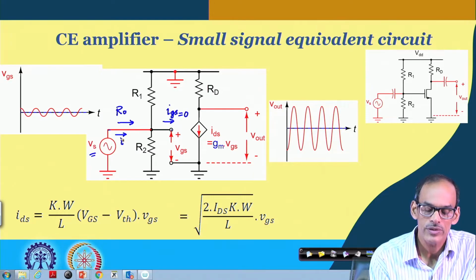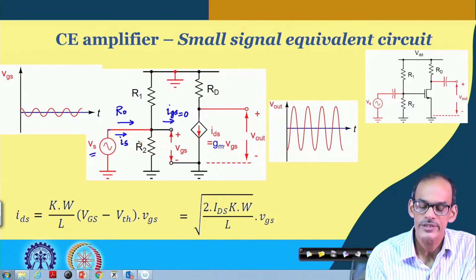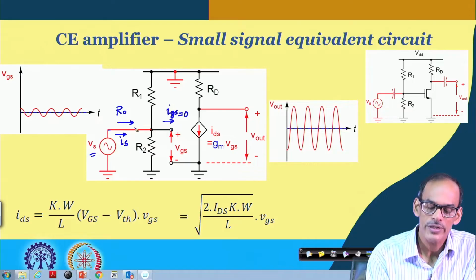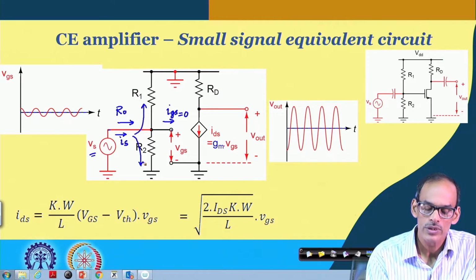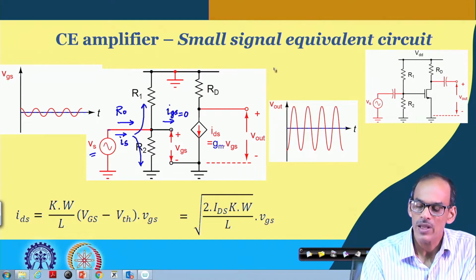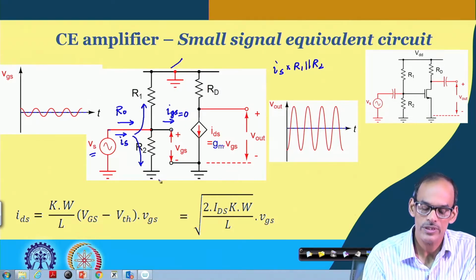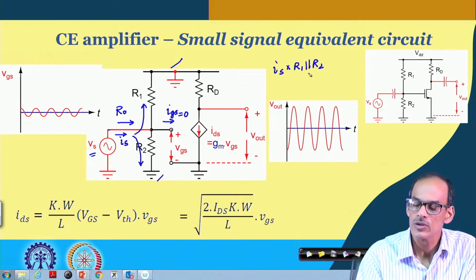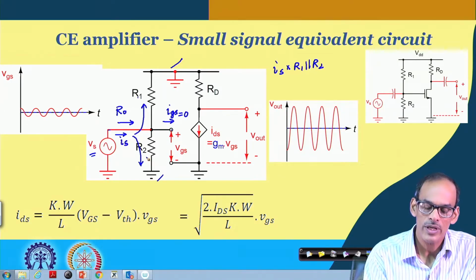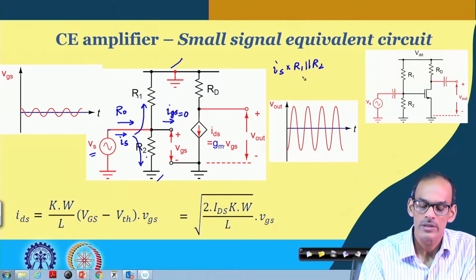and whatever the current we observe, let us say that this is Is, and this Is incidentally it is the current flowing through this R1 and R2. In other words, we can say that Is multiplied by R1 parallel R2, because this is connected to AC ground, this is anyway ground. So, that is why that makes this R1 and R2 come in parallel, while this Is current is flowing.